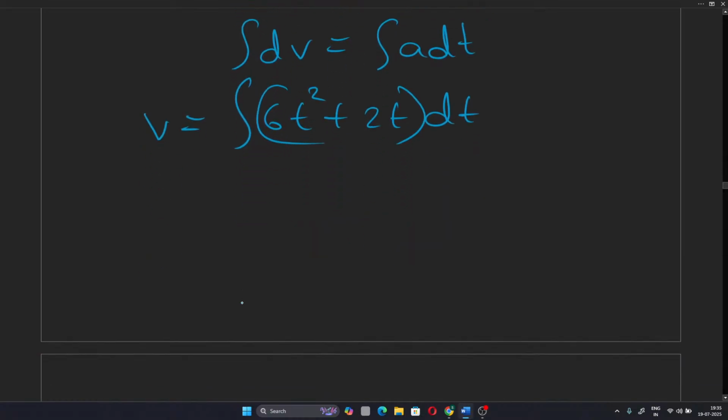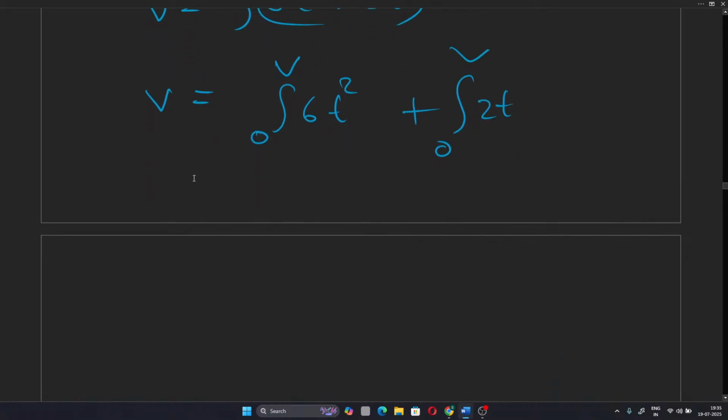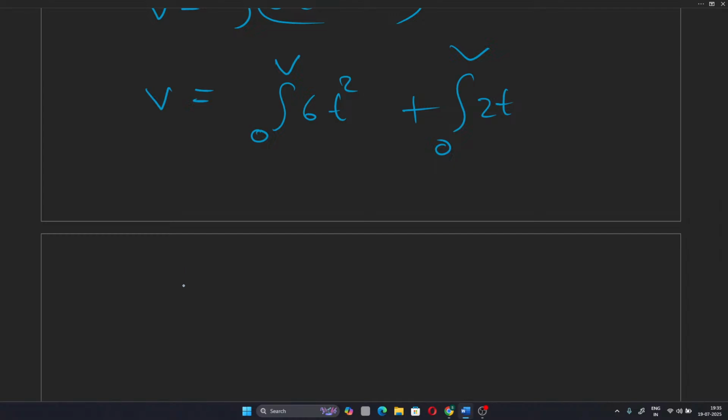They gave a limit from 0 to v. Because the body is starting from rest, we take limits as 0 to v.